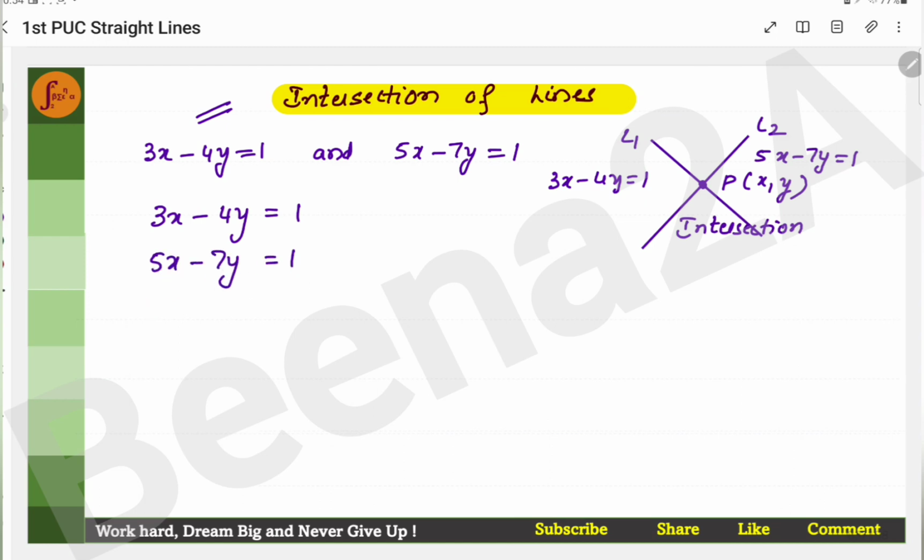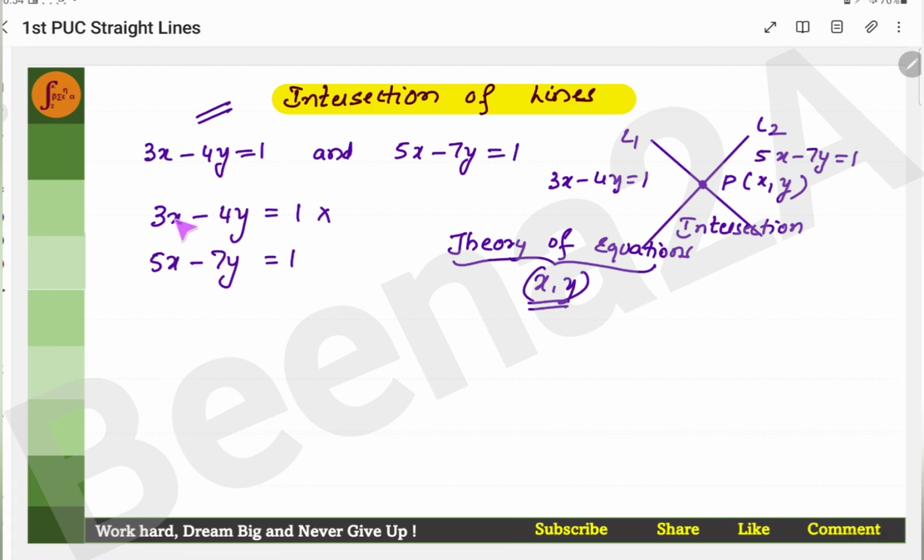You have to follow the theory of equations. In the theory of equations, how do you find the values of x and y? There are multiple methods. The method that I'll use is, I'll try to eliminate one of the terms so that I can find x and y.